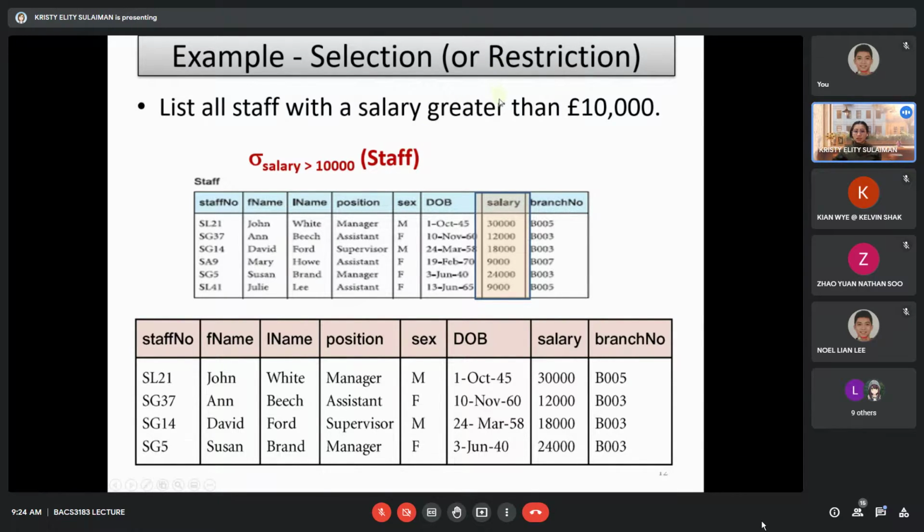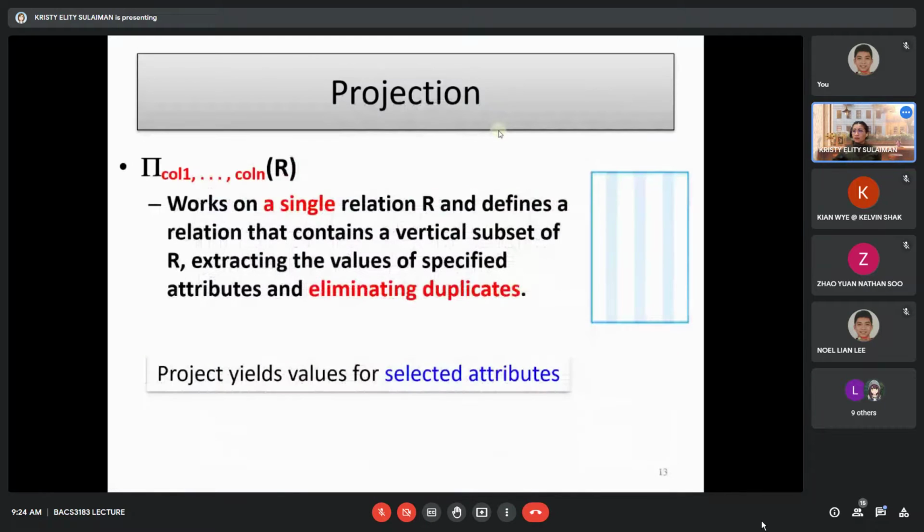All right, so this is selection, also known as restriction in relational algebra. Next we look at another one, projection. This is the symbol.